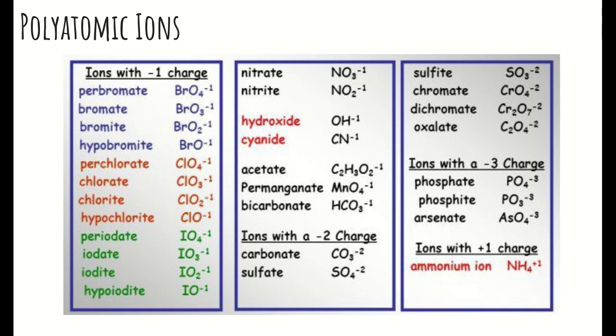That entire formula has a charge of -1. You can imagine the NO3 is in brackets, and that -1 applies to everything inside of it. That's how all of these are. When you're bonding one of these, you use that ion charge, and it applies to the entire ion.